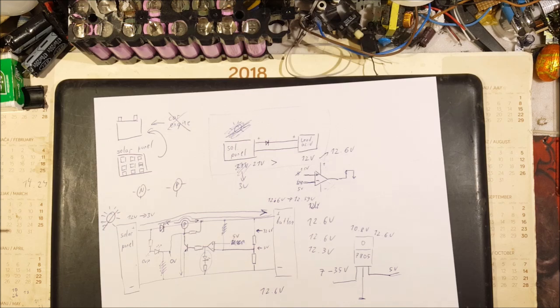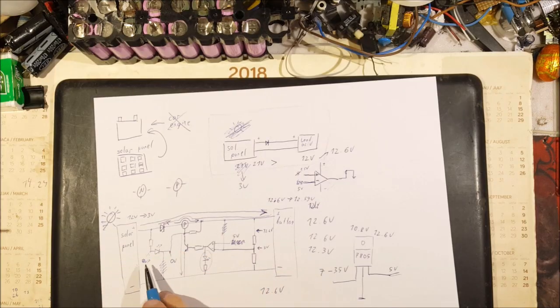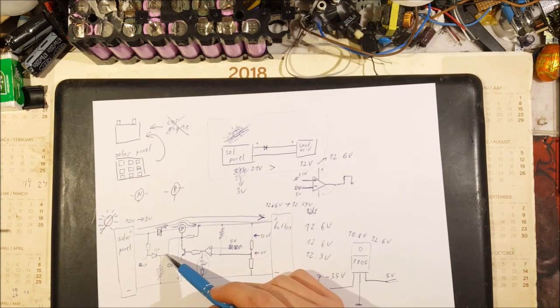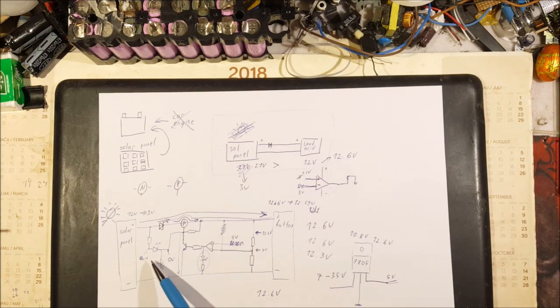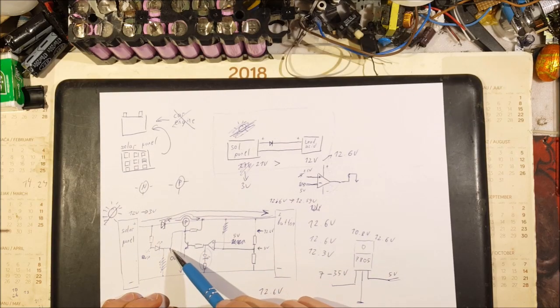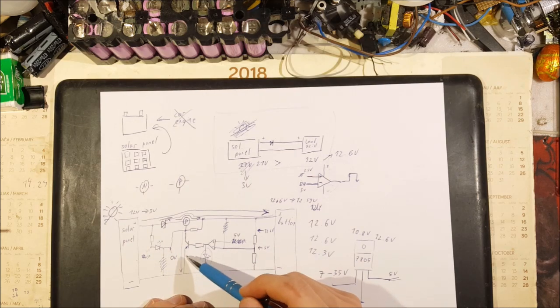Now, what happens when there is voltage on this solar panel? Now we will have 12 volts at this point, and we will have 12 volts at this point right here, and we will have 0 volts on this point if this transistor is closed.